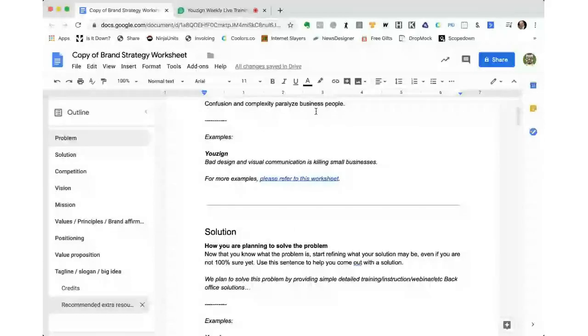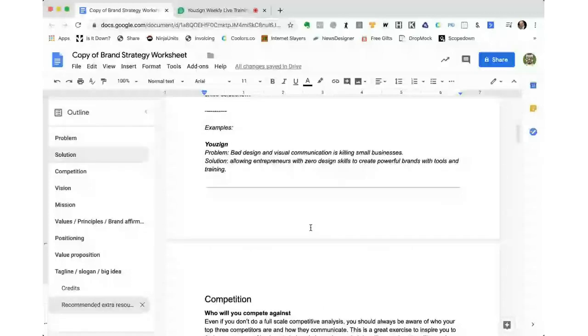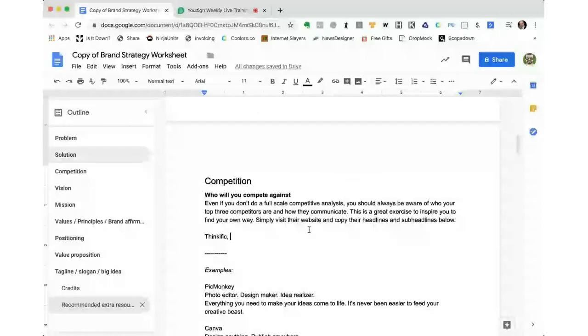Remember this, you've identified the problem. You're in the process of identifying how you plan to solve that. Now we're going to take a look at the competition to figure out how we're going to communicate that. Do you see the evolution that's taking place here? Is that clear? Until you know what problem you're solving, you don't have anywhere else to go.